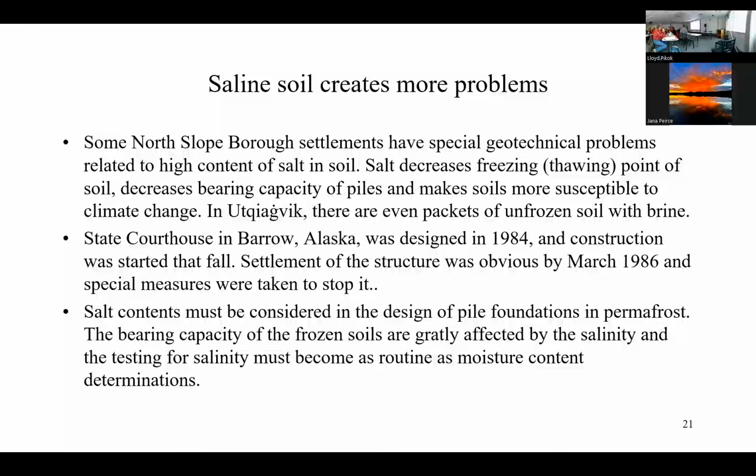The other problem, especially in coastal areas, is saline soil, and this saline soil creates extra problems. For example, there was a problem in Bera.